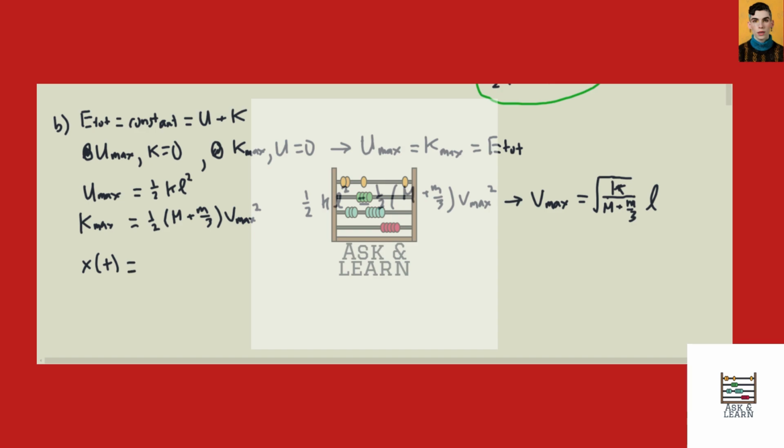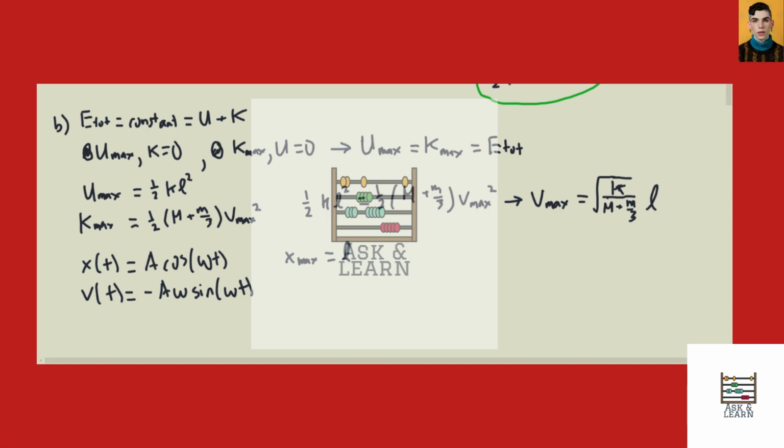The general expression would be x is equal to A cosine omega t, A being our maximum amplitude, omega our angular frequency, and v of t being equal to dx dt, which will be minus A omega sine omega t. And we know that our x max is equal to L, right?